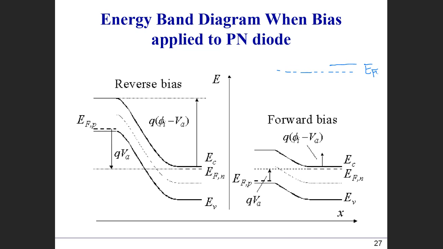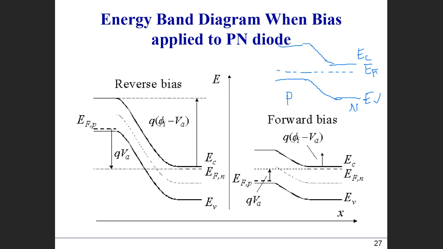When you draw the energy band diagram, you're going to expect something like this. This represents EV, this represents EC, and this side is P, and this side is N. That is what we call the thermal equilibrium energy band diagram.